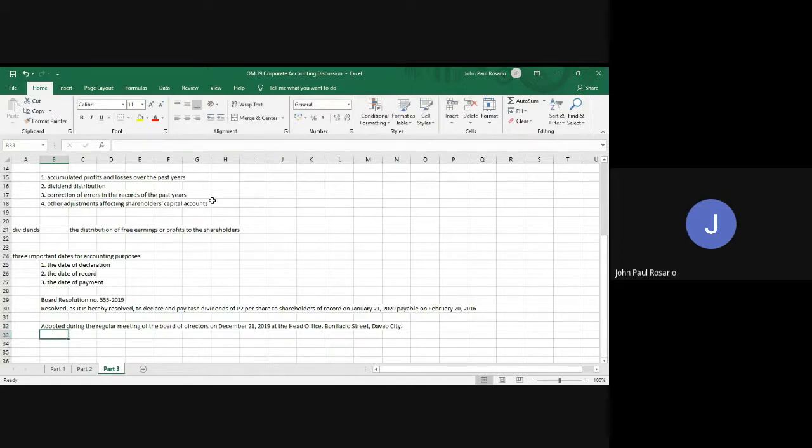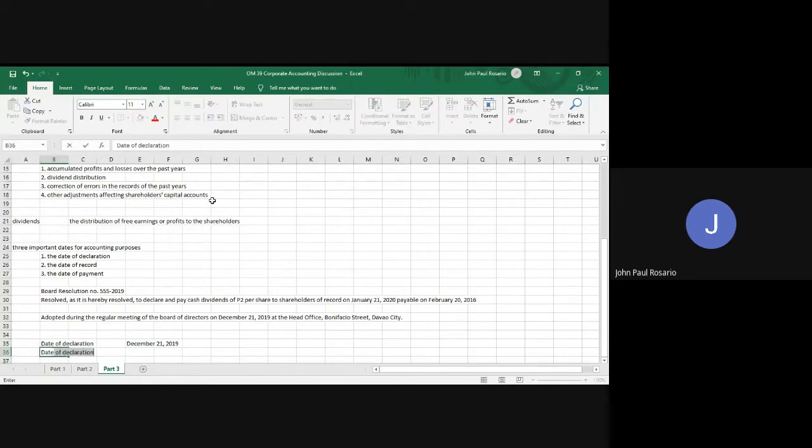Okay. So here, the date of declaration of dividends will be the date na kung kanus siya giaprubahan. So, our date of declaration is, of course, kung kanus sa giaprubahan, December 21, 2019.